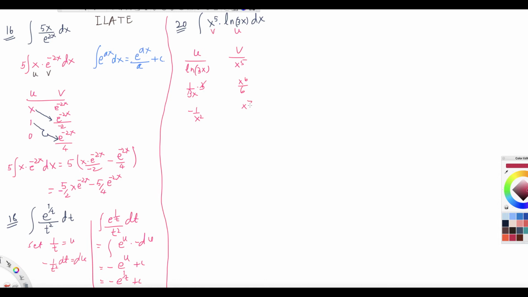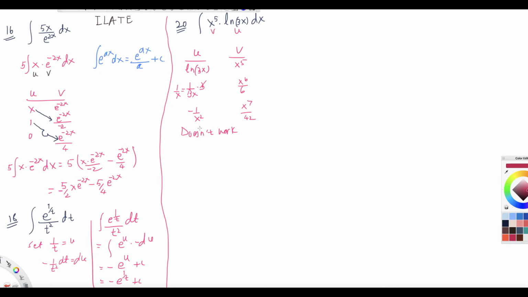The antiderivative is x to the 7 over 42, because you get x to the 7 over 7 times 6, that is 42. And look at that, there was 1 over x here, right? But see, it does not look like it is going to 0. So this method does not work, because the derivative of u is not going to 0.